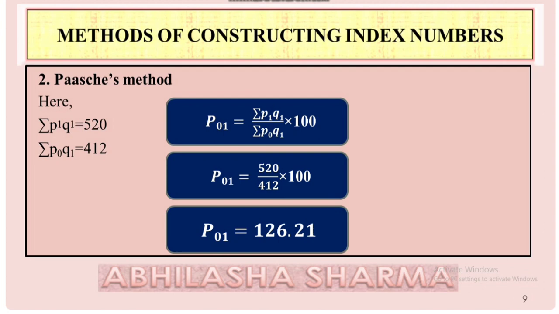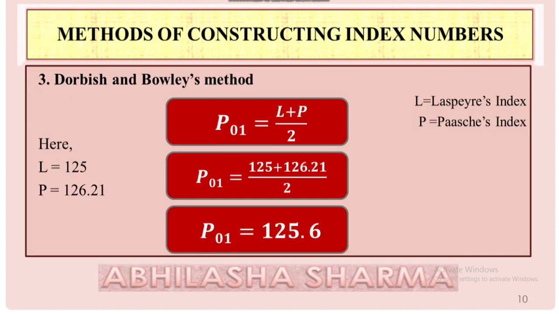After calculation, we will get the index number of the current year, which is 126.21. For constructing index numbers by Dorbish and Bowley's method, we will substitute the previously calculated Laspeyres and Paasche's index values 125 and 126.21 in the given formula, and we will get price index of current year 125.6.